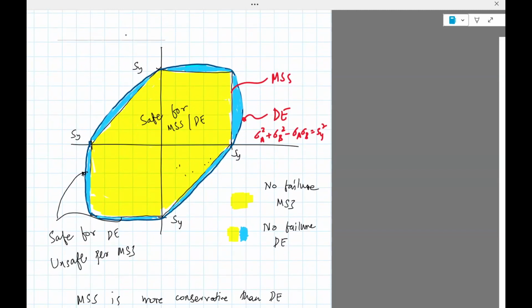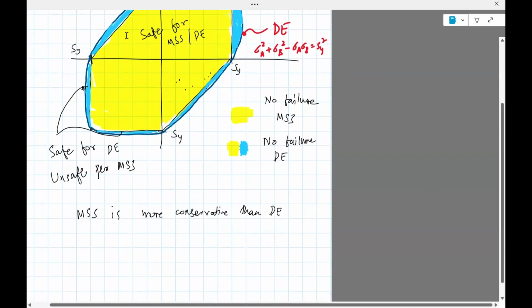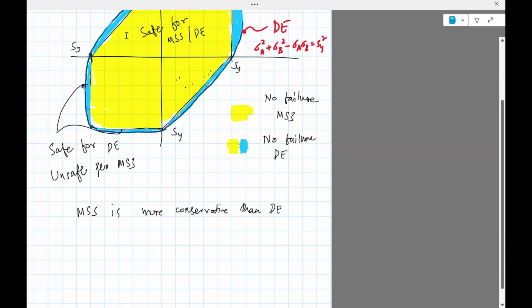Anything here is smaller than anything in the blue region. And so when you apply the MSS theory to design something, you will end up with a bigger diameter, because bigger diameter means smaller stress. And because it's a bigger diameter, it's called a conservative theory, because it'll make things safer, or the factor of safety will be higher if you use MSS.